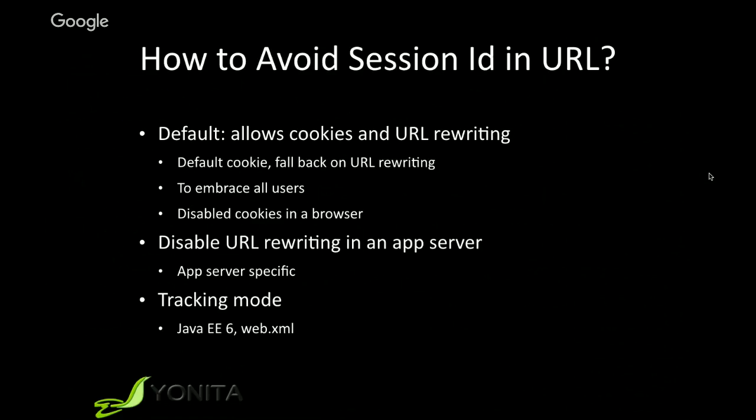And you've just seen that it's even easier to use the captured session ID later on. The default behavior of Java web application is that it allows cookies as well as URL rewriting. So cookies are the first choice, but an application falls back on URL rewriting in case of cookies disabled in a browser.